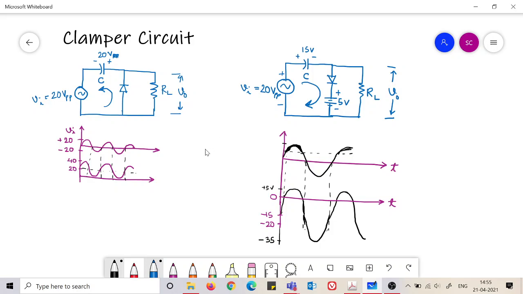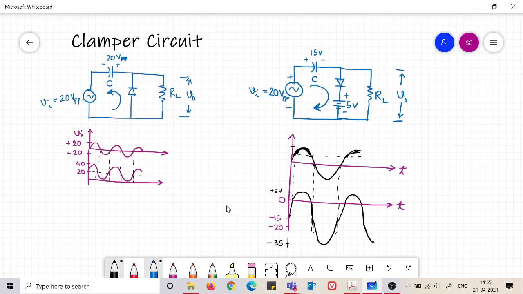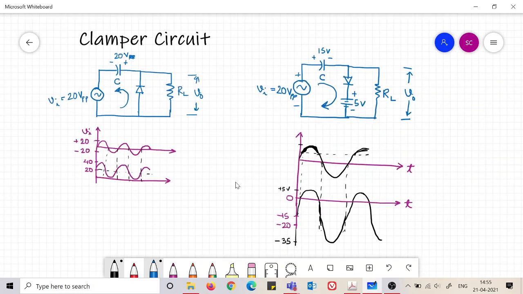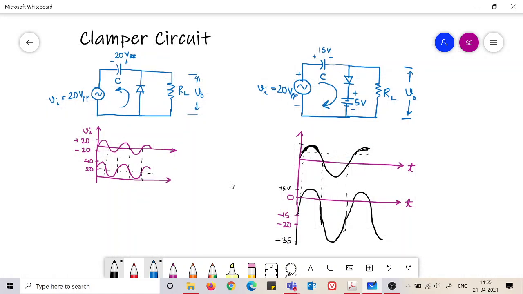So with this understanding of rectifiers, clippers and clampers, most of the diode circuits can be solved. You get the idea how to go ahead. First thing you need to note is when the diode is getting forward biased and when it is getting reverse biased.